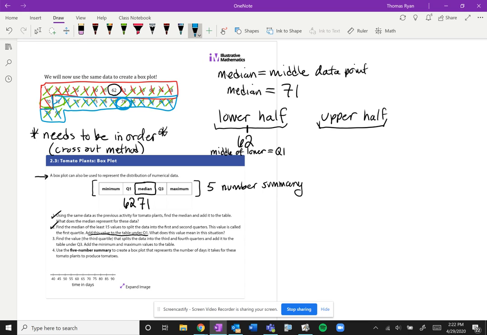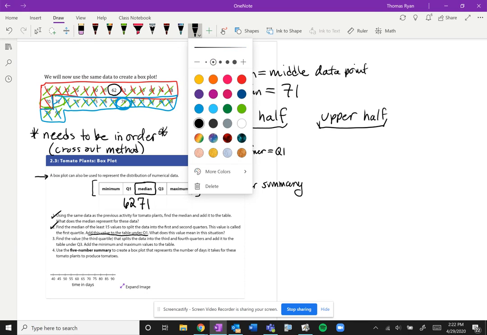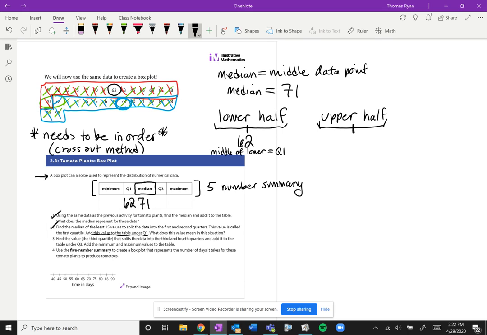So it turns out we have that nice value right in the middle. The middle of the upper half is 78. And we're going to call this Q3. So we'll put 78. Now the minimum and the maximum are exactly like you would think. Minimum, our lowest value being 47, and our maximum value being 90.